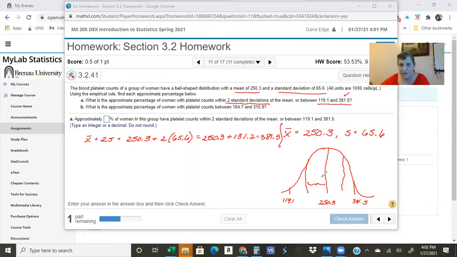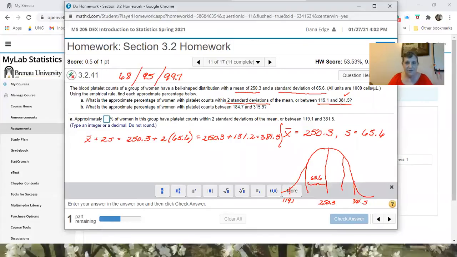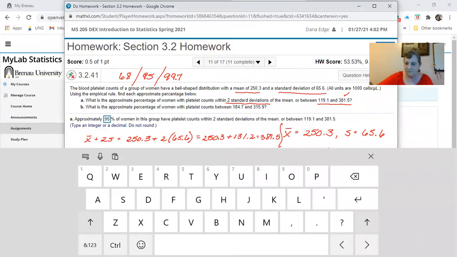The distance between these all is 65.6. And we already know from the empirical rule, 68, 95, 99.7, that there's 68% between plus and minus 1 standard deviation, 95 between plus and minus 2, that's this. So this answer is going to be 95%.